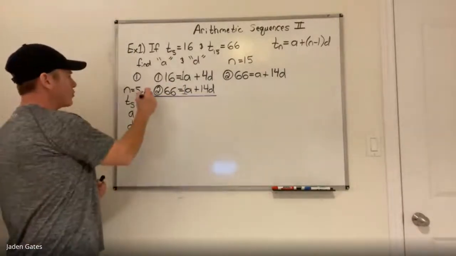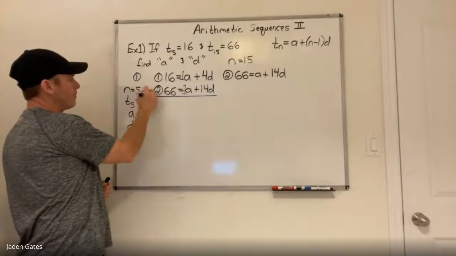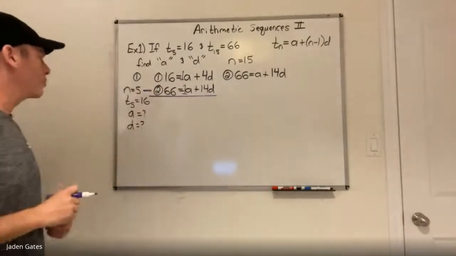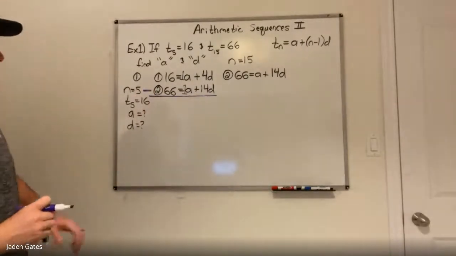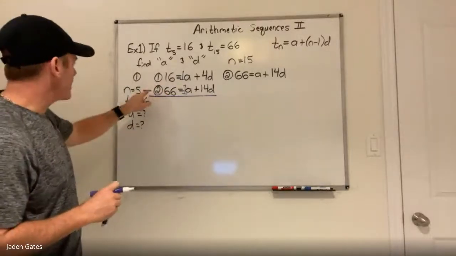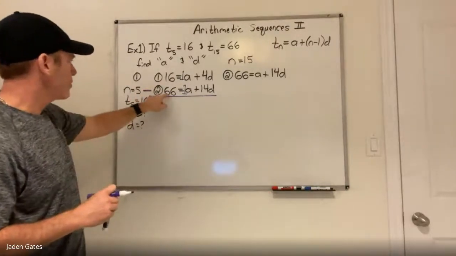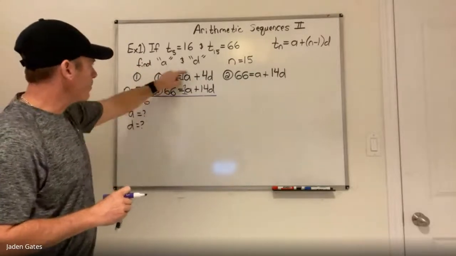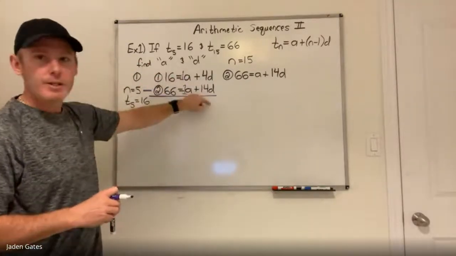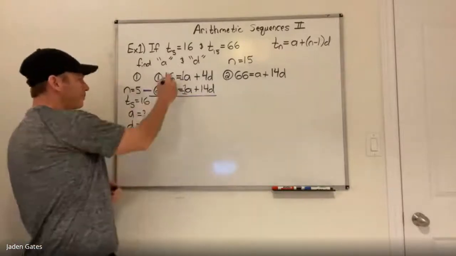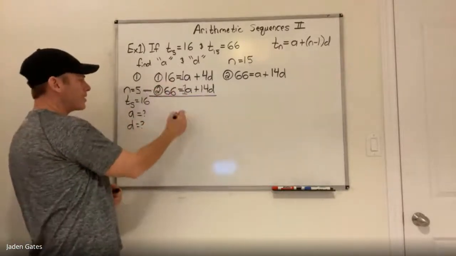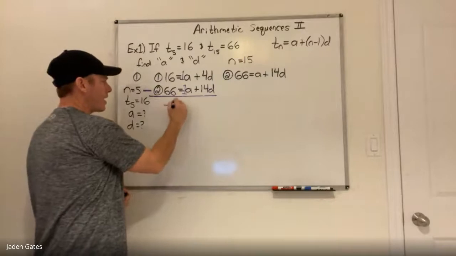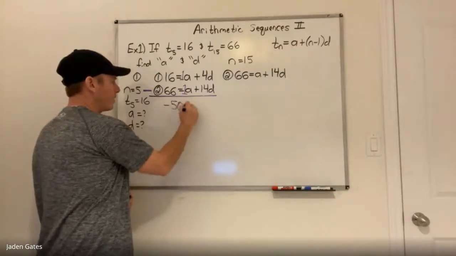And so with elimination, I understand this may be a review. I am going to subtract these 2 equations. I'm going to subtract the numbers, I'm going to subtract the A's, and I'm going to subtract the D's. So 16 minus 66 is minus 50.